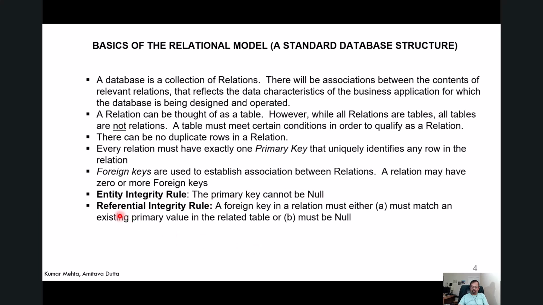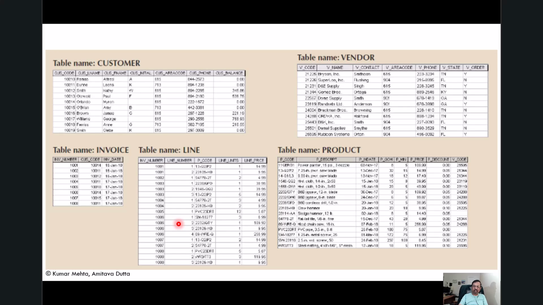The referential integrity rule, it's a mouthful, but let me say it, and then once you see the example, I think it'll be pretty self-evident. A foreign key in a relation must either match an existing primary key value in the related table, or must be null. Okay, so that's a mouthful. Let's see how it's a very basic idea.